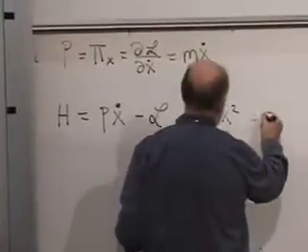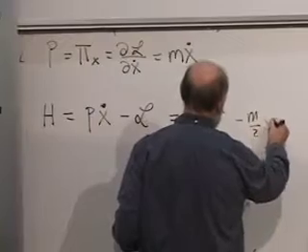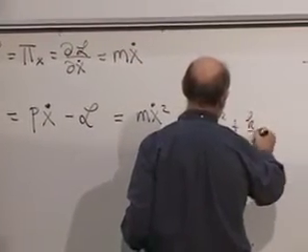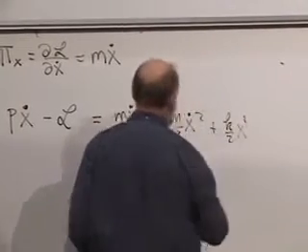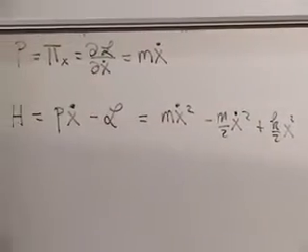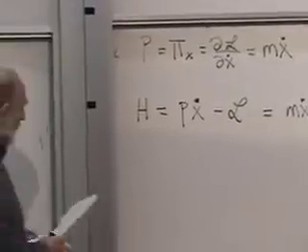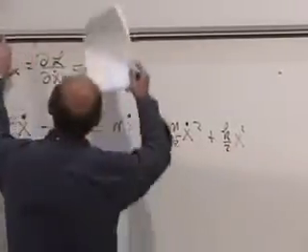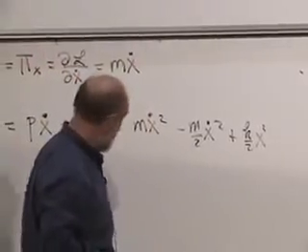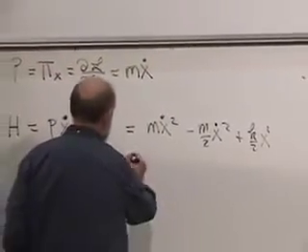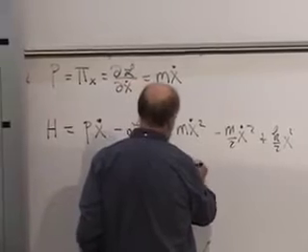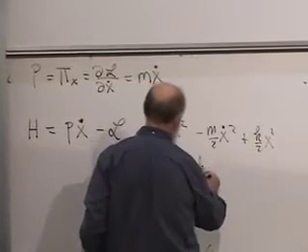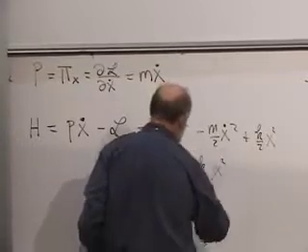So minus m over 2 x dot squared plus k over 2 x squared. In the Hamiltonian, the k x squared term has the opposite sign as it had in the Lagrangian. Okay. So this is exactly what you would expect. m x dot squared over 2 plus k over 2 x squared.